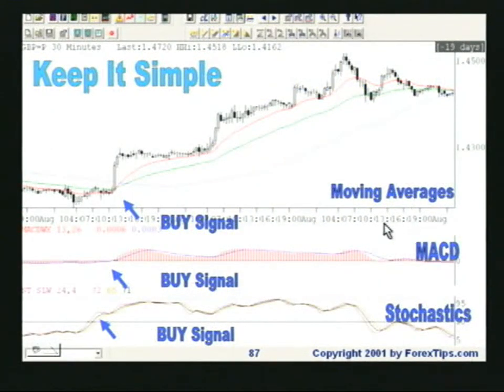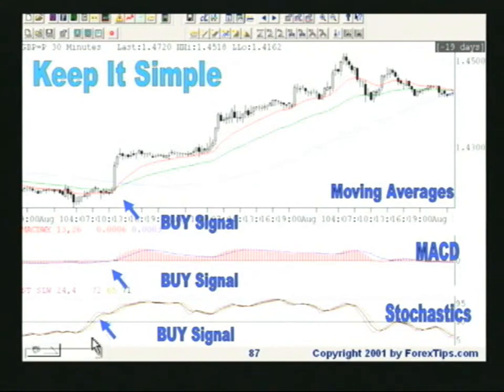Keep it simple. Do not have too many indicators. Too many indicators create confusion. This is very simple. Look at how we have just a pure moving average up here, MACD here, and stochastics down here. Look at how simultaneously, when stochastics is bullish, MACD is bullish, and moving average is bullish, you may want to use the combination of the 3 buy signals to confirm that the market is turning bullish.